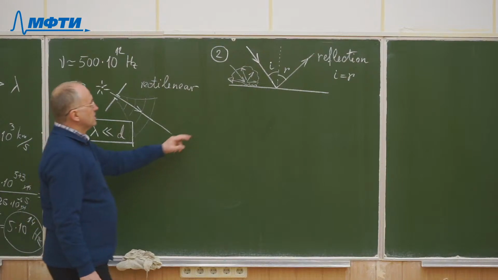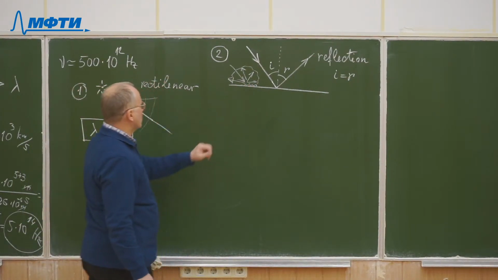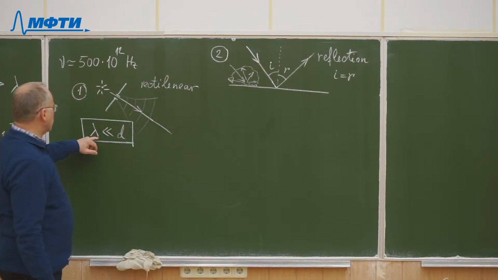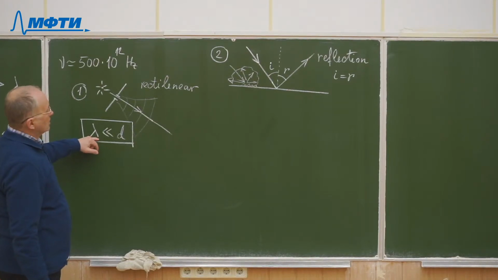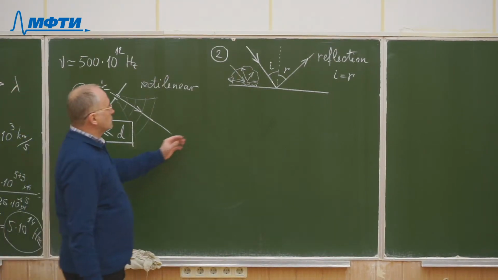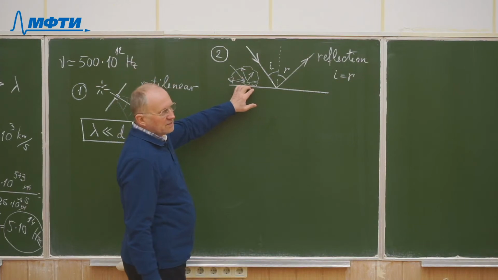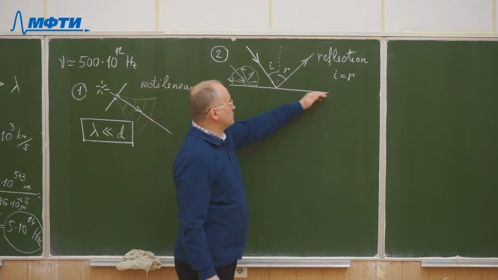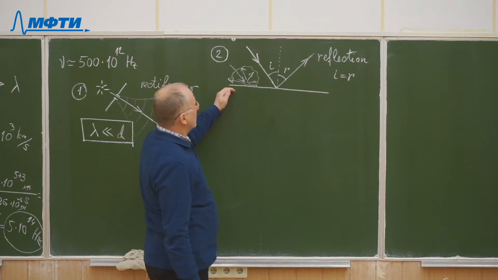So if the dimension of this roughness is of the order of lambda, then you will have a scattering surface. But the roughness is always there; it's impossible to produce an absolutely smooth surface.